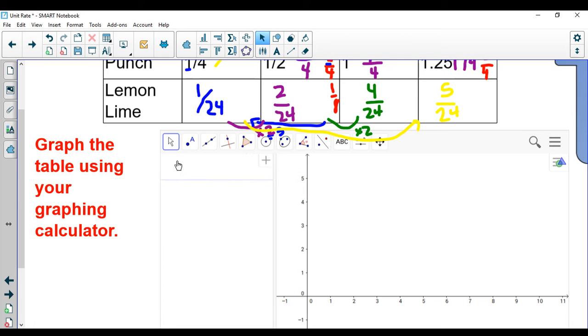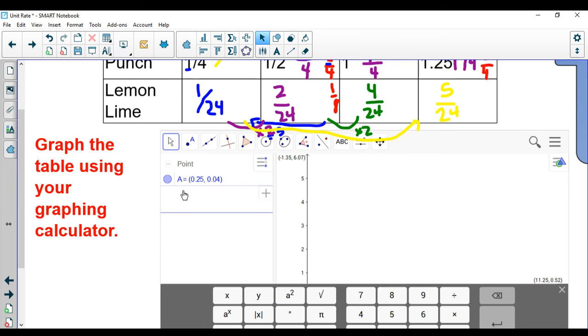And I'm going to put in my first point, 1/4, 1/24, and I'm going to hit enter. And you can see it drops a point down here on my graph for me. And I'm going to keep adding my points.